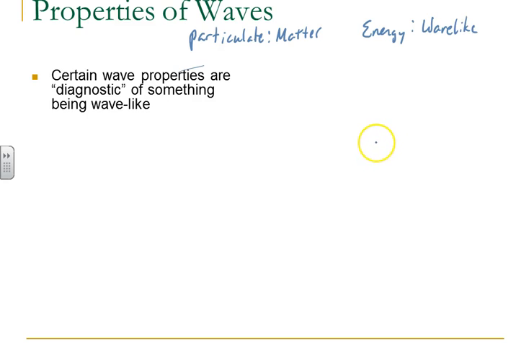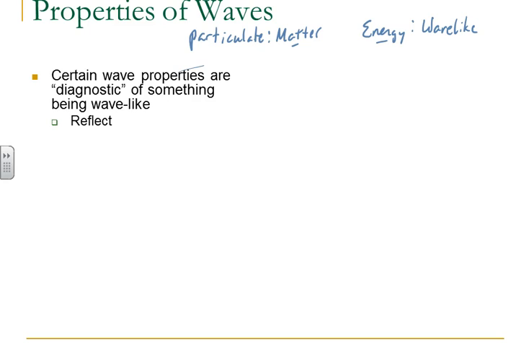So generally speaking, when something moves through space, it's either moving as a particle, such as a baseball flying through space, or as a wave, such as energy traveling through water on the ocean, making the waveform that you typically see when you go to the beach and see waves. There are certain properties that when we look at a phenomenon, when we look at something happening, that allow us to diagnose something as being wave-like. And if it's wave-like, that tends to mean that it's spread out and like energy. If it's particle-like, then that tends to mean that it's matter. So let's look at a few of these, because this was an issue with light as well as some of the particles like electrons that we've dealt with.